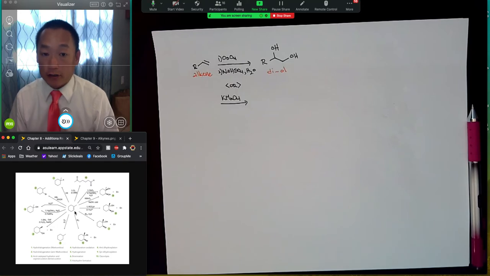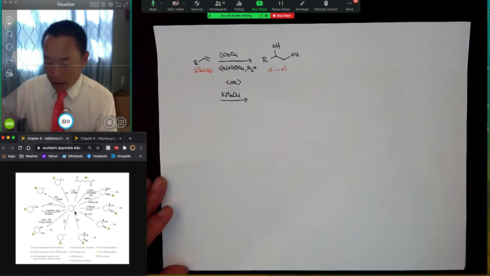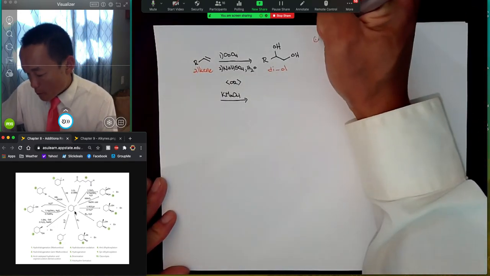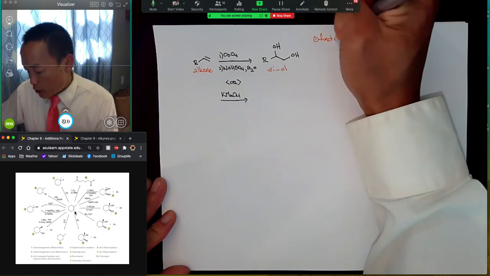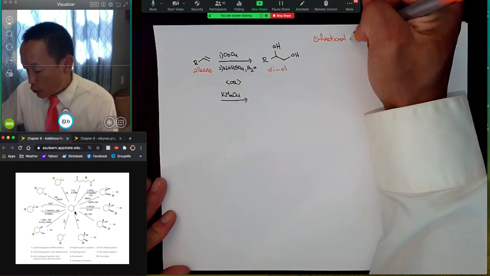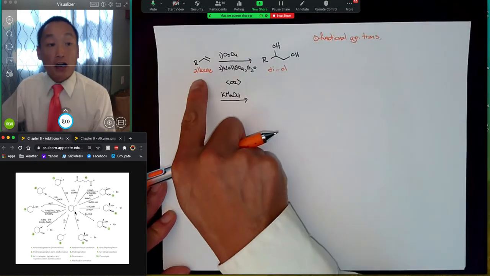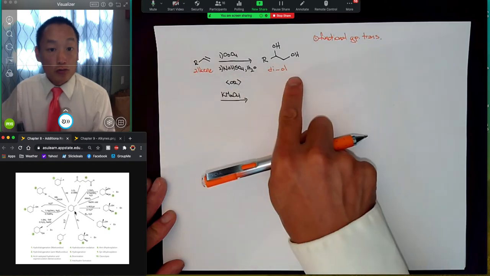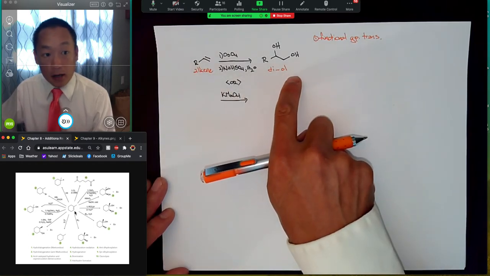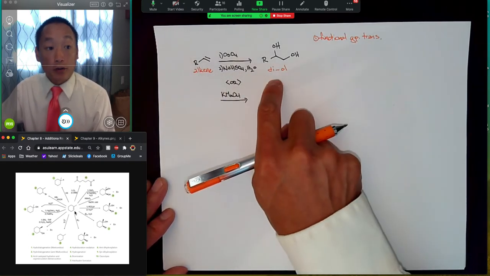Because there's so many, we're just not going to focus on it. But again, let's take a look. Functional group transformation. Well, that's the alkene double bond to two OHs attached to this molecule. And this is actually a really important reaction.